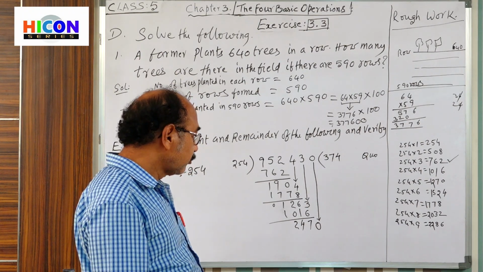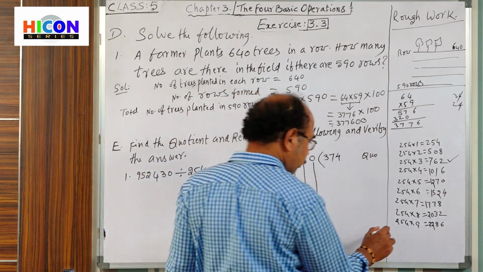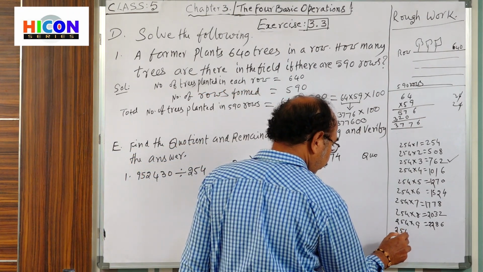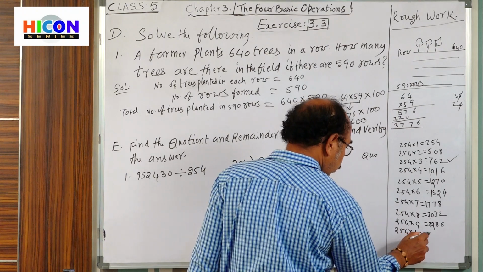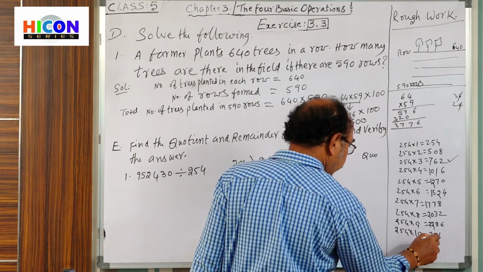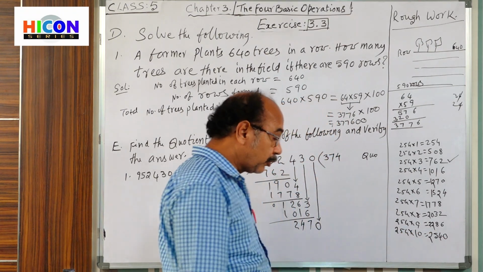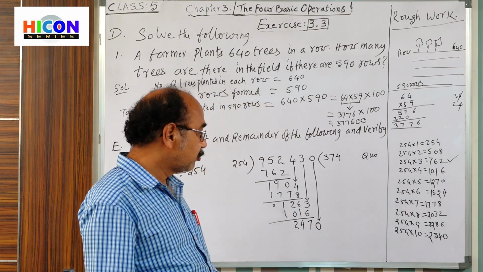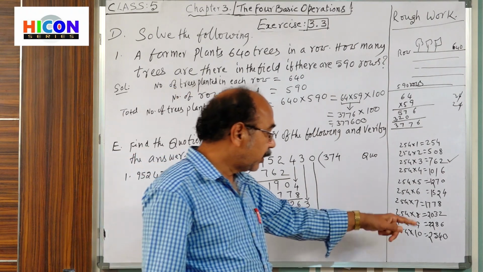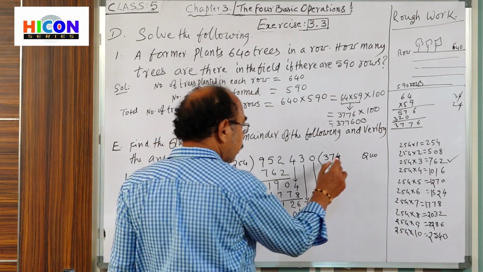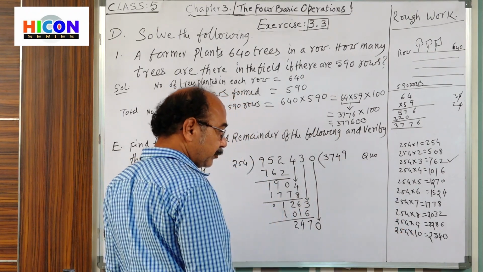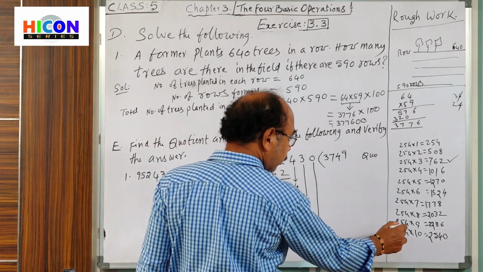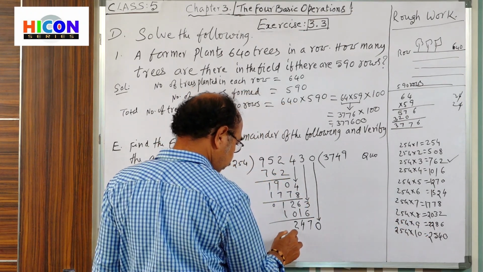If you take 10 times, 254 into 10 means 2540. You are getting more. 2540 is more than this. That's why you select only 9 times. 9 times means we got 2286.